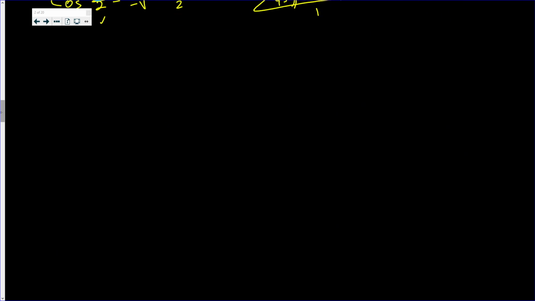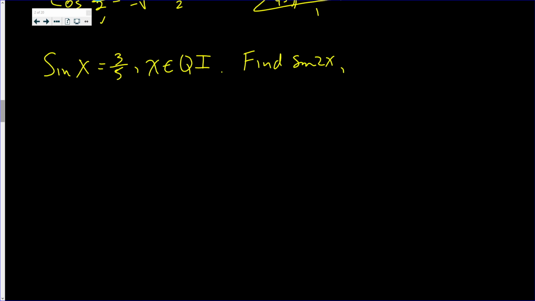Suppose you were asked the following question. Suppose you were told that the sine of x is 3/5, x is in quadrant 1, and you were asked to find the sine of 2x, the cosine of 2x, and the tangent of 2x.